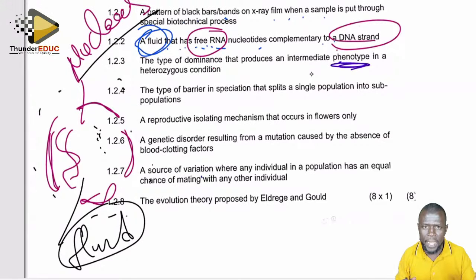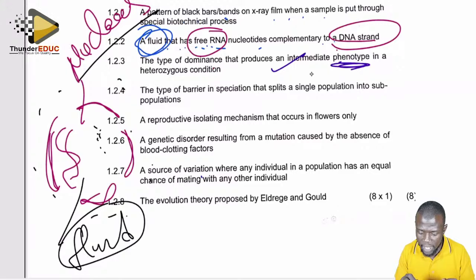So if you have red crossed with white, you produce a pink. Red is not completely dominant over white, and white is not completely dominant over red. And then you produce an intermediate color, or an intermediate characteristic. So this is called incomplete dominance.